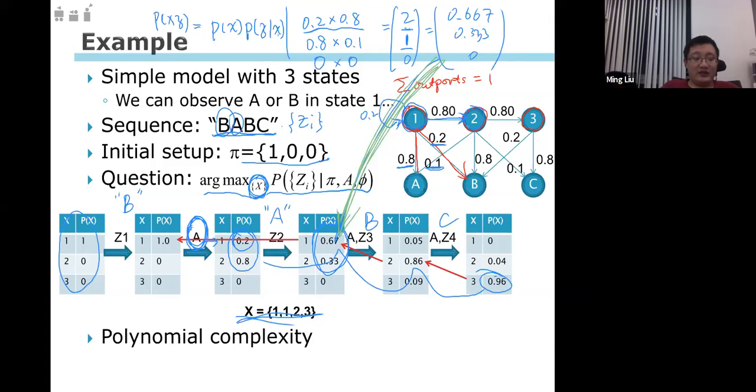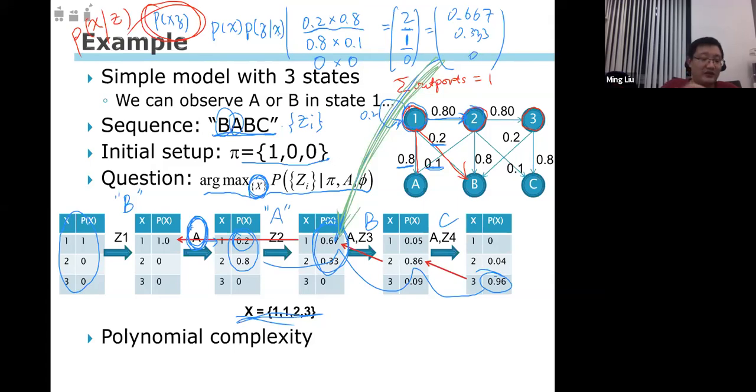So here there is an interesting question: why can we use this guy, the joint distribution, to represent X given Z? That's what we are actually doing. Why can we do that?